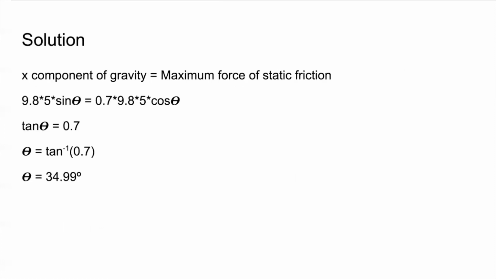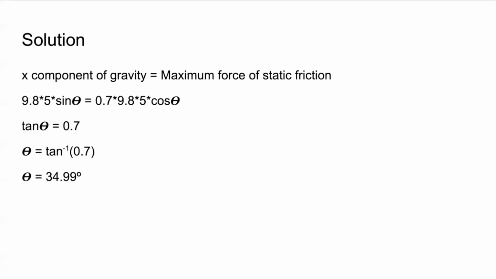So we want to find the angle such that the x component of gravity is equal to the maximum force of static friction that prevents the object from moving. So we have 9.8 times 5 times sine of theta is equal to the coefficient of static friction, 0.7 times 9.8 times 5 times cosine theta, and 9.8 times 5 times cosine of theta is just the normal force.